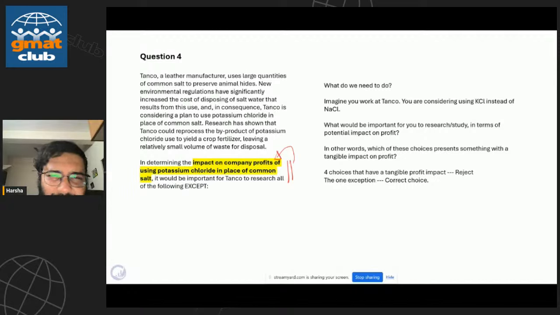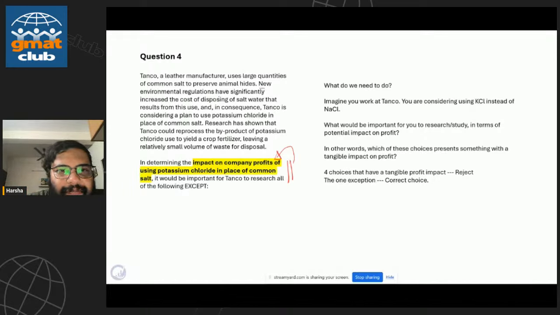So, for instance, as far as this question goes, firstly, let's understand it together just in case. Tanco is a leather manufacturer, uses large quantities of common salt to preserve animal hides. So animal hides, animal skin, it uses a large quantity of salt to preserve that.